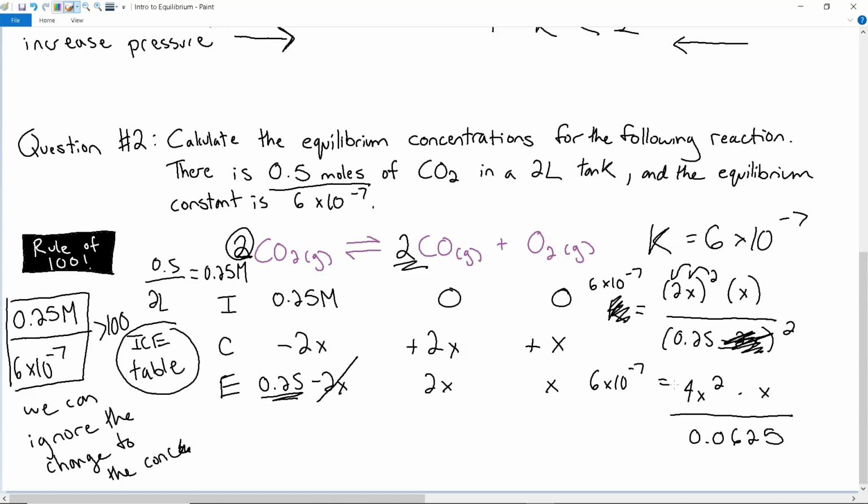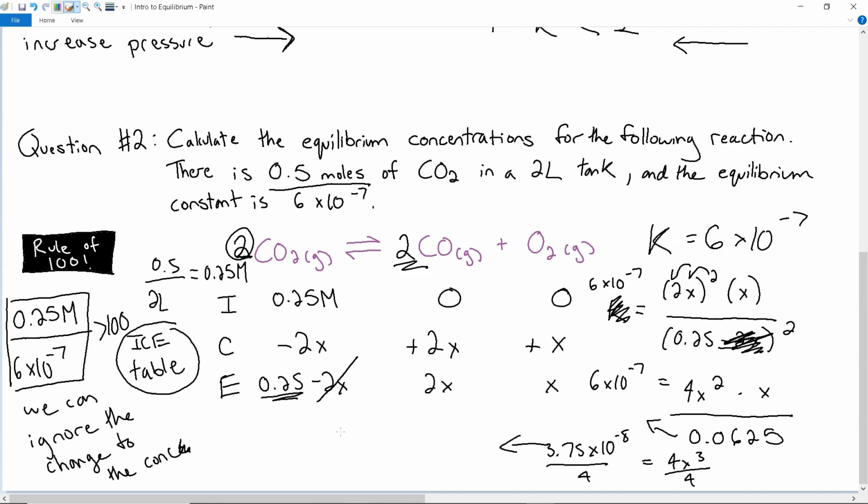And again, all we need to do now is solve for x. Just some basic math. So we're going to move this onto this side. That gives us 3.75 times 10 to the negative 8 equals 4x cubed.